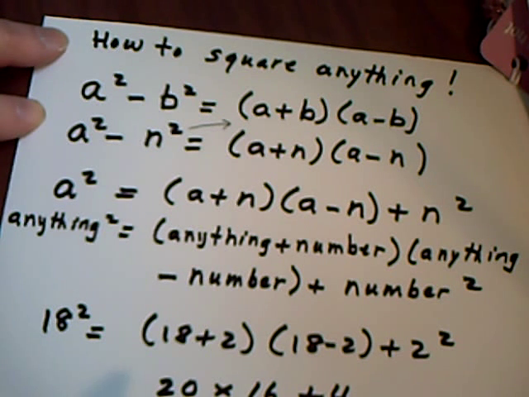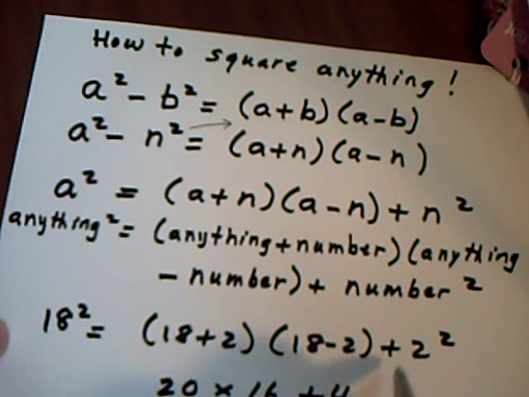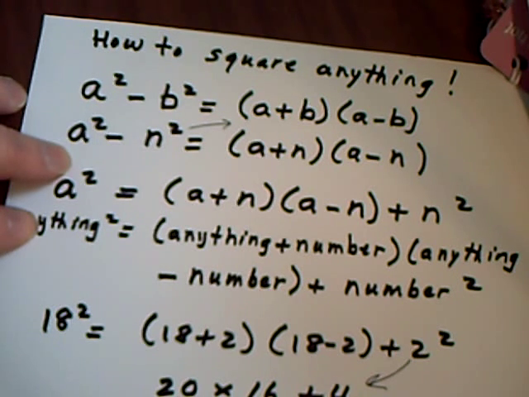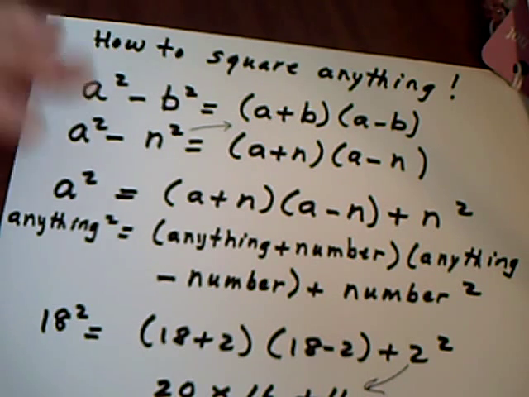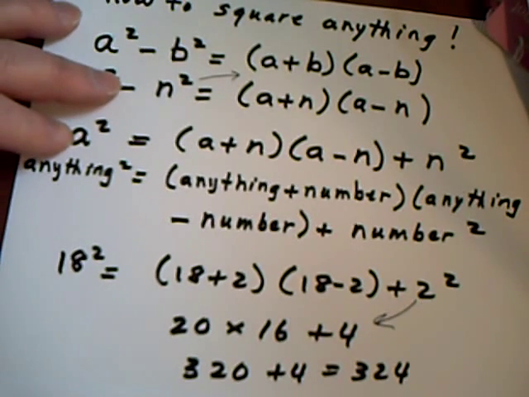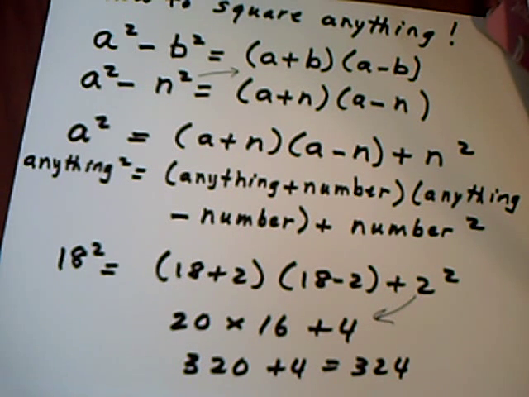Well, going up 2 gives me 20, and going down 2 gives me 16, and 2 squared, of course, is equal to 4. Well, 20 times 16 I can do in my head, that's 320, and add on 4 is 324. So I end up doing a lot of my squaring this way. It really works out well.